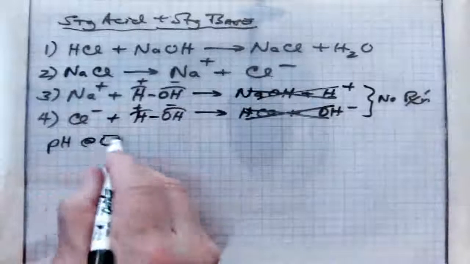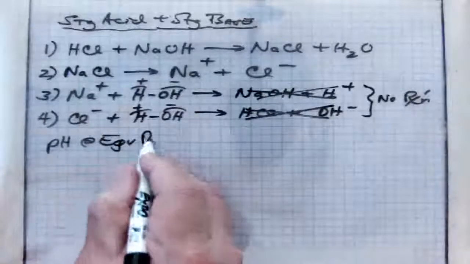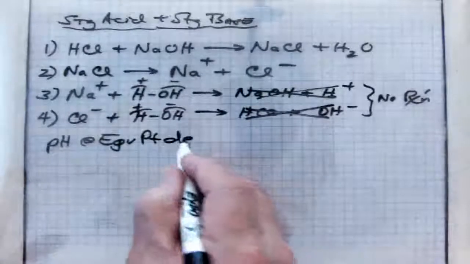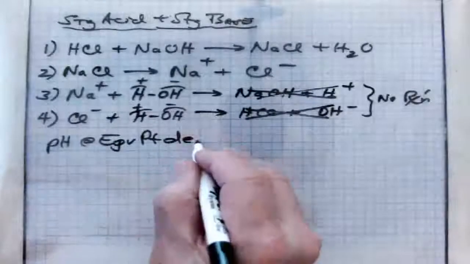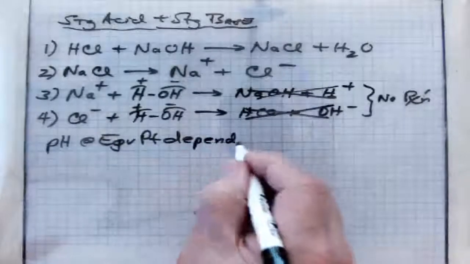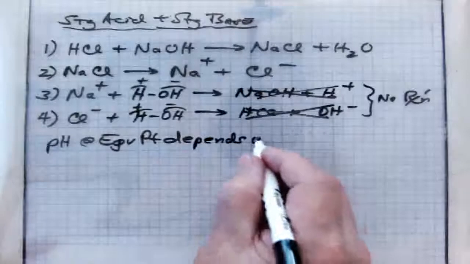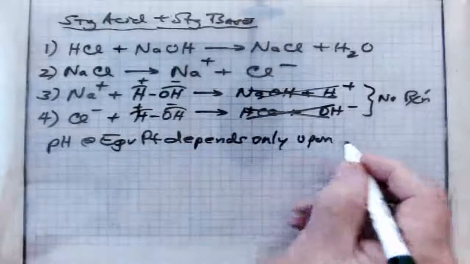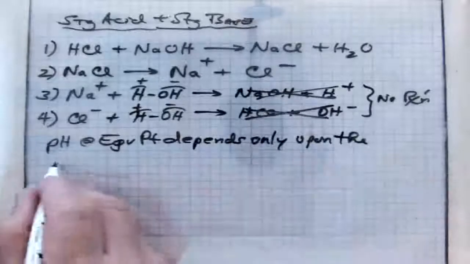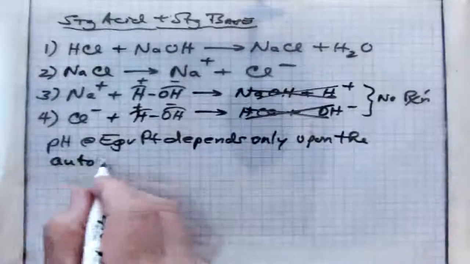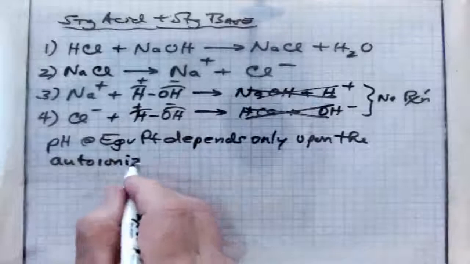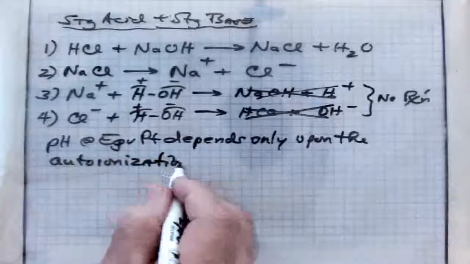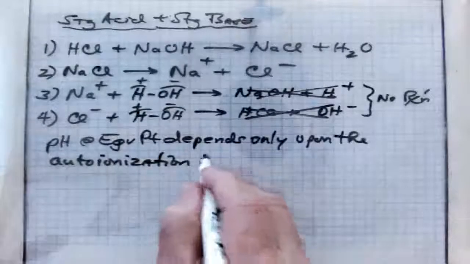That is, H2O plus H2O goes to an equilibrium, H3O+ by proton transfer and a hydroxide. And of course this is simplified into H2O going to H+ plus OH-.